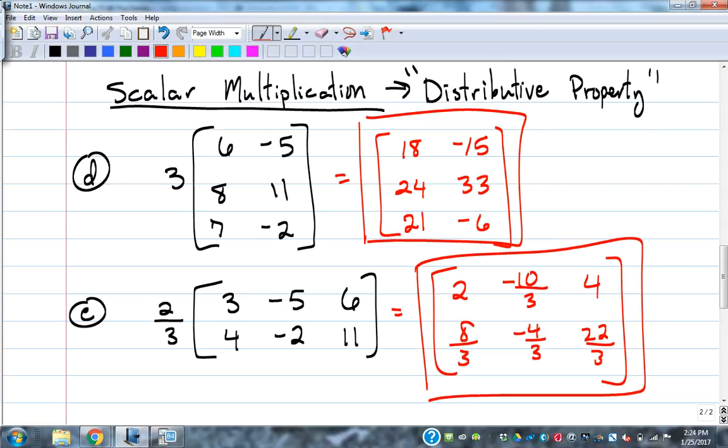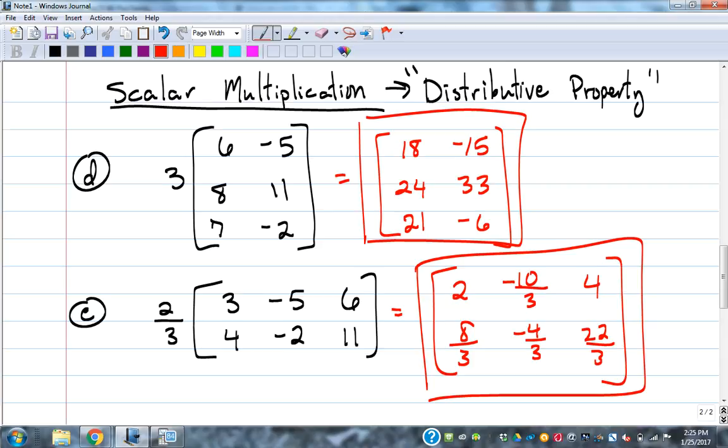Now, let's combine scalar multiplication with addition and subtraction. Just like in 5th and 6th grade math, you did addition, subtraction, and then you did multiplication, division. We don't have division to deal with. We just have multiplication to deal with. And then you started putting it together and following order of operations.